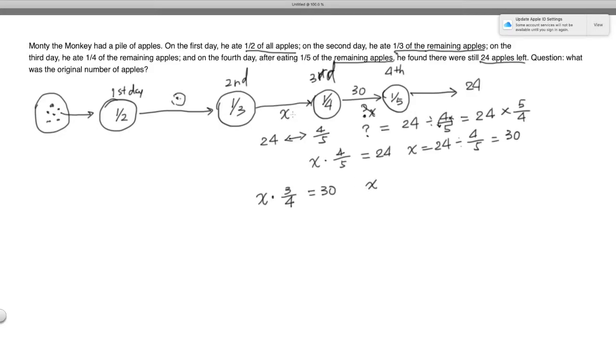I should rather use a new x, let's use x prime, to differentiate between this number and the number remaining after the third day. So x prime times 3/4 equals 30. So x prime equals 40.